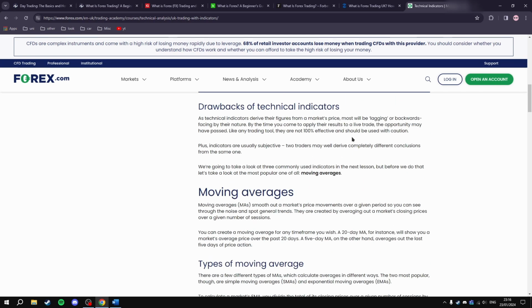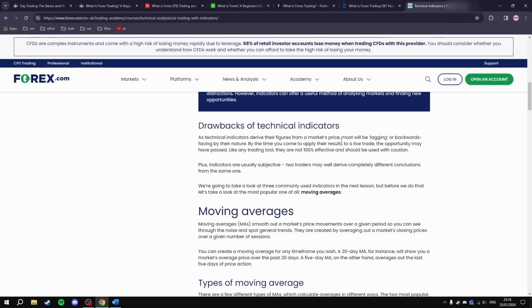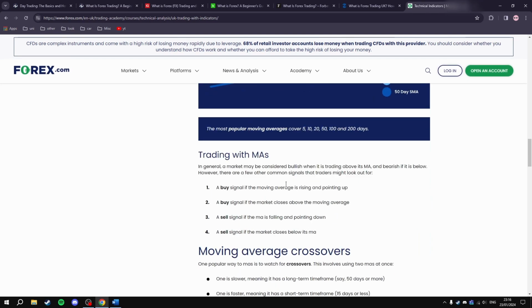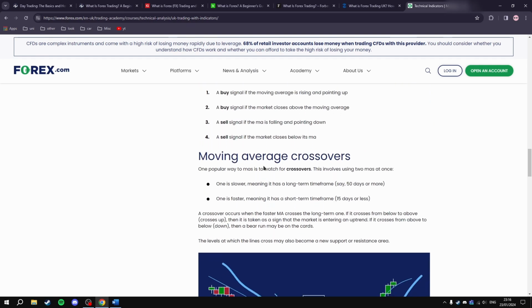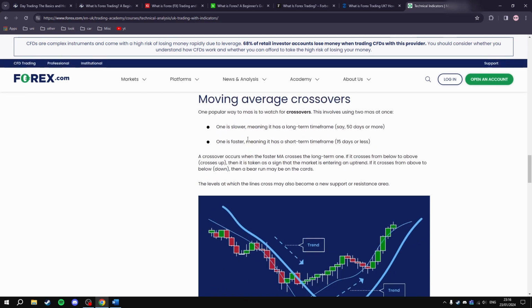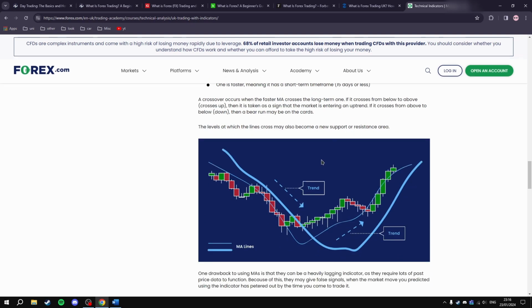Do they mention it? Oh, it's just moving averages. One popular way to use moving averages is to watch for crossovers. This involves using two moving averages at once. One is slower, meaning it has a long-term time frame. One is faster, meaning it has a short-term time frame.